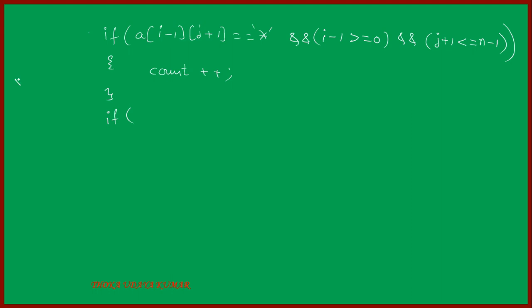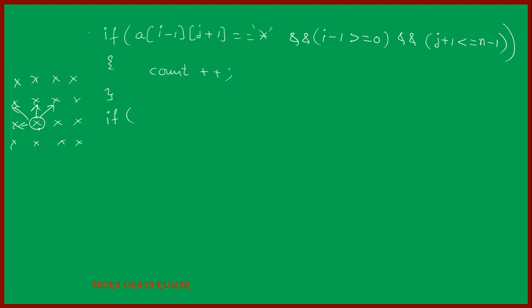See, 1 2 3 4, 1 2 3 4. If this is here, let us say we have verified this and this. Now I have to verify this.